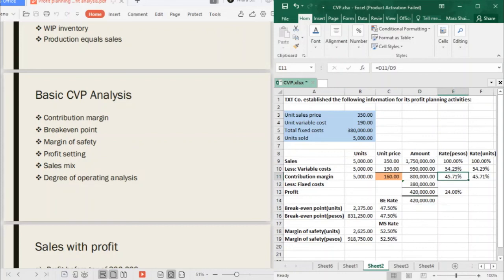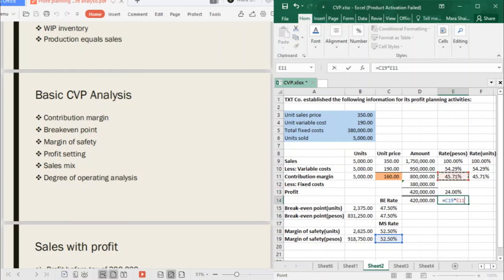Now, what if, diba, given nga ingon ana, you can then see the relationship between your MSR and your CMR. So, your ratio, kani siyang 24%, one way of getting that is simply multiplying your MSR and your CMR. Diba? If you can see.